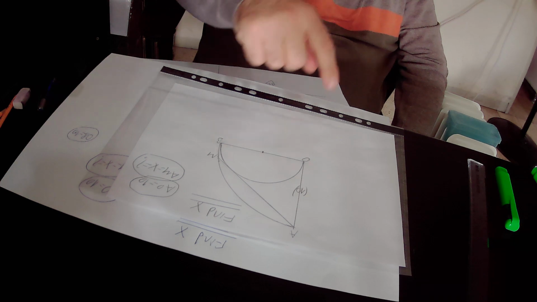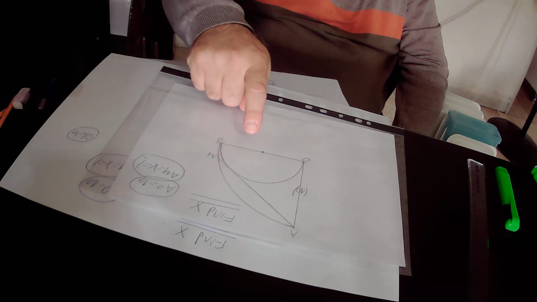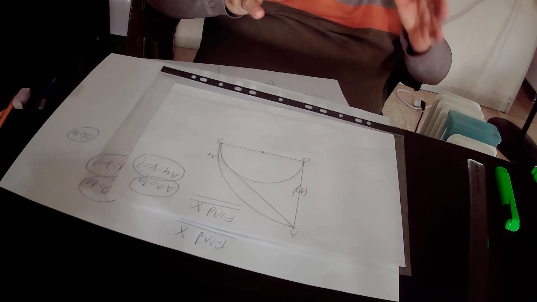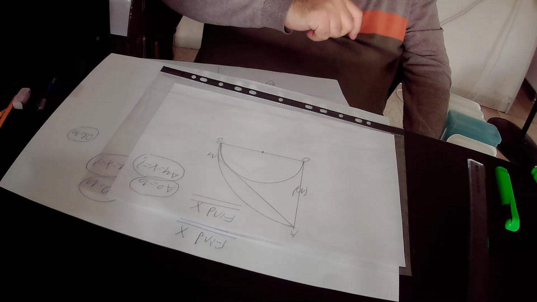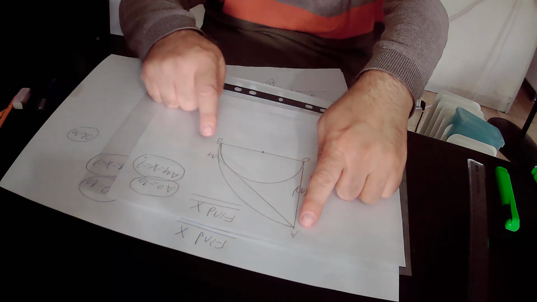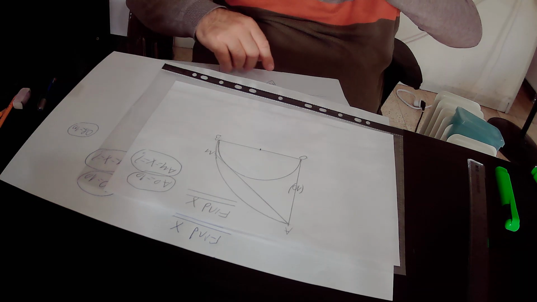And we also have line segment AM that is tangent to this semicircle at this point. Again, we also know that side AO equals 10 units, and our mission is to find the length of line segment AM that is equal to x, to find the value of x.